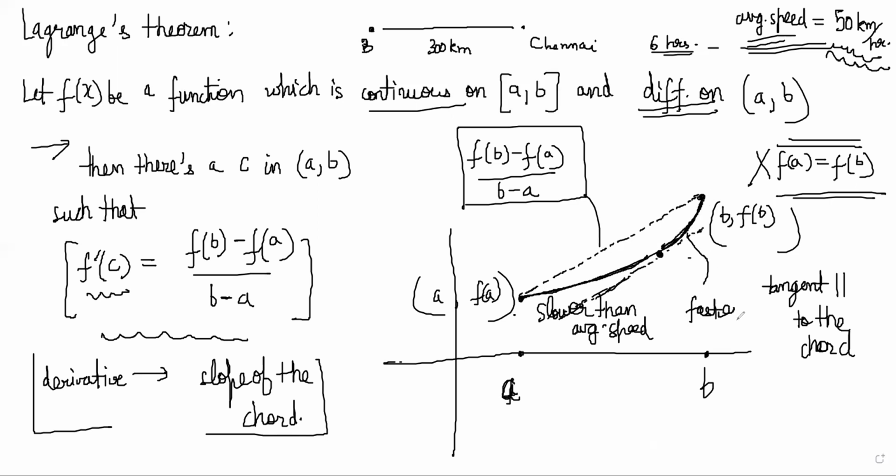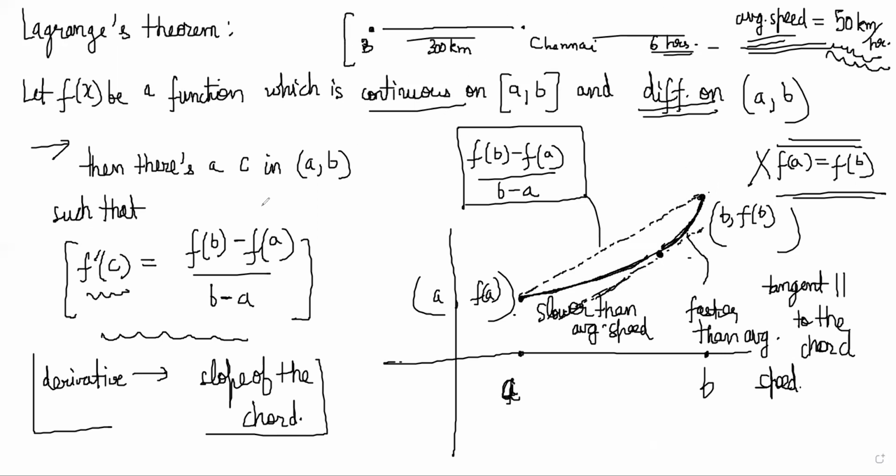So you have to cross the average speed sometime. You cannot go slower and reach there. You cannot be faster always, right? You understand?